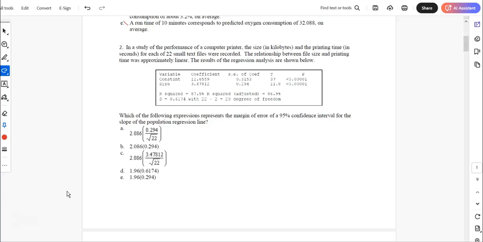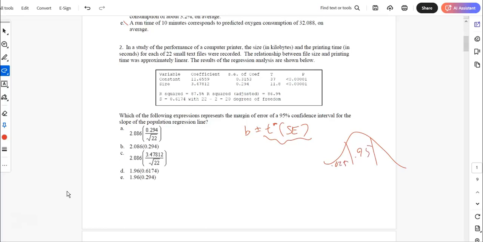So again, if you think about your slope, it'd be b plus or minus t critical value times the standard error, right? So this part of it is the margin of error. So we need to find the t critical value for this guy. So 95% confident, so 0.95.